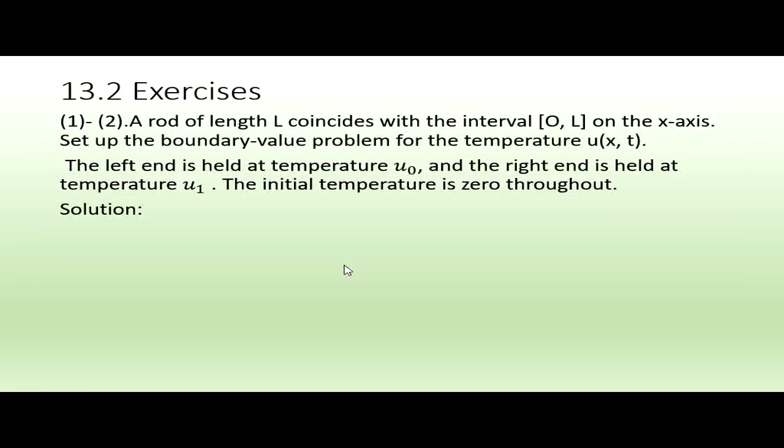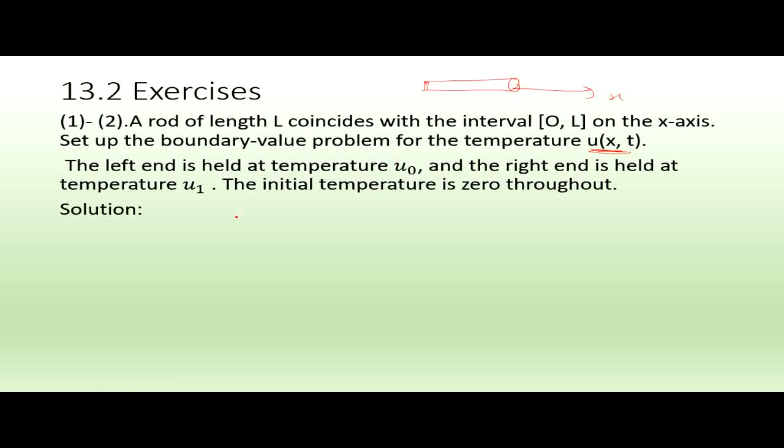Now we start with the first example of this type. This is problem number 1 in our account, problem number 2 from the textbook. A rod of length L coincides with the x direction. Set up the boundary value problem for the temperature u.